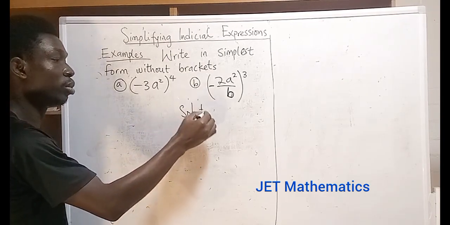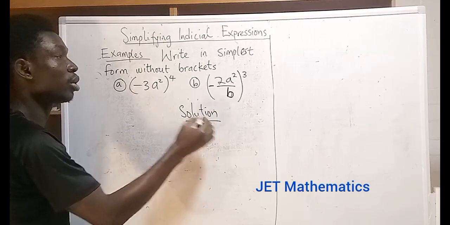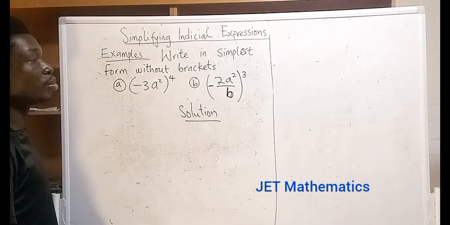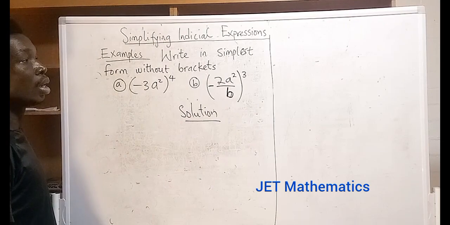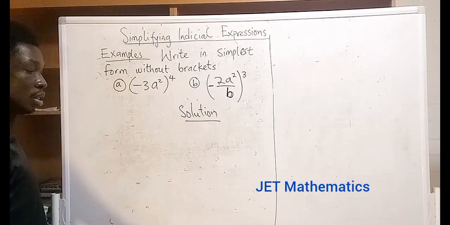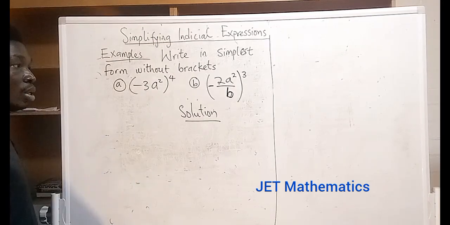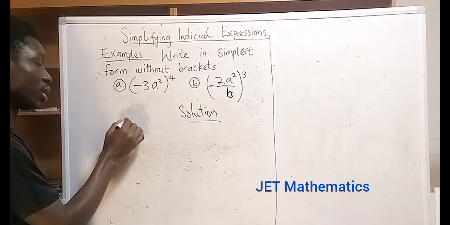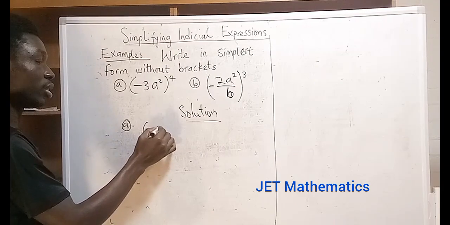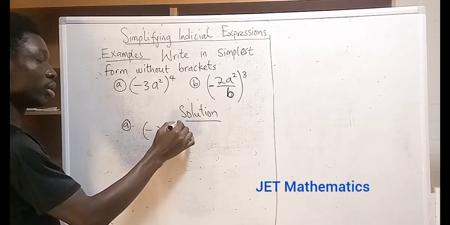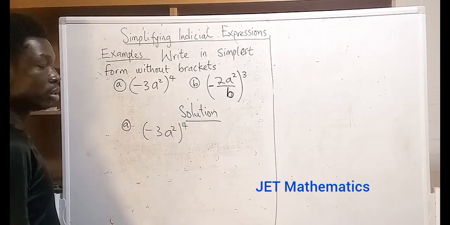Solution. The first example says we're expected to write these expressions without brackets in their simplest form. So it's very easy. The first one is minus 3a squared, raised to the power of 4.